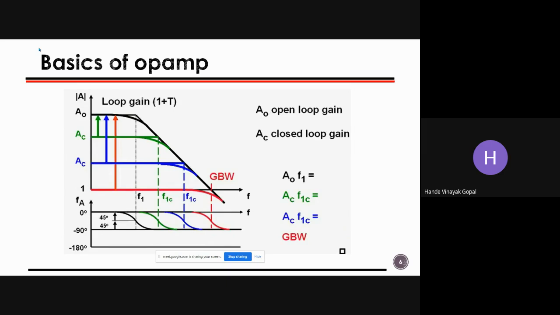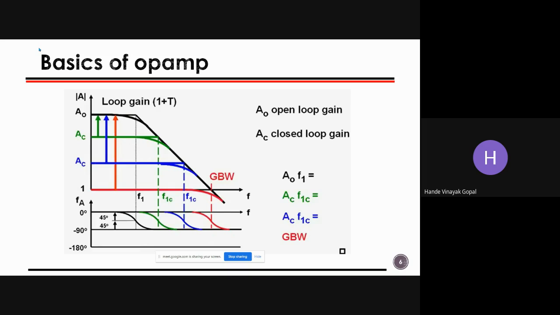That is, the 3 dB frequency has increased. And always, the moment you go from green to blue, your 3 dB frequency increases, but your loop gain starts reducing, right?